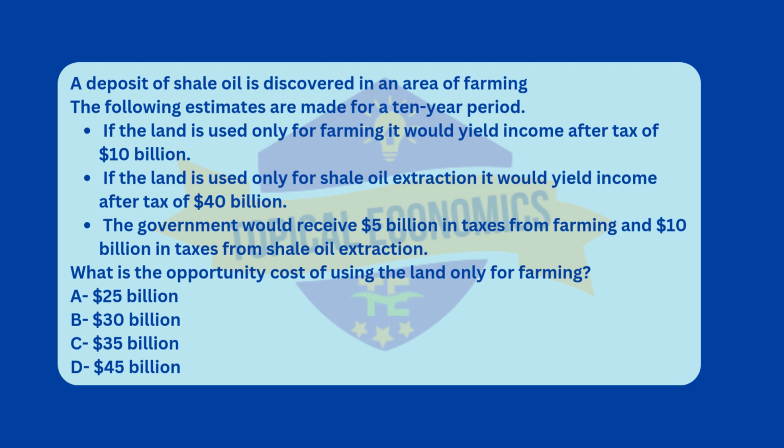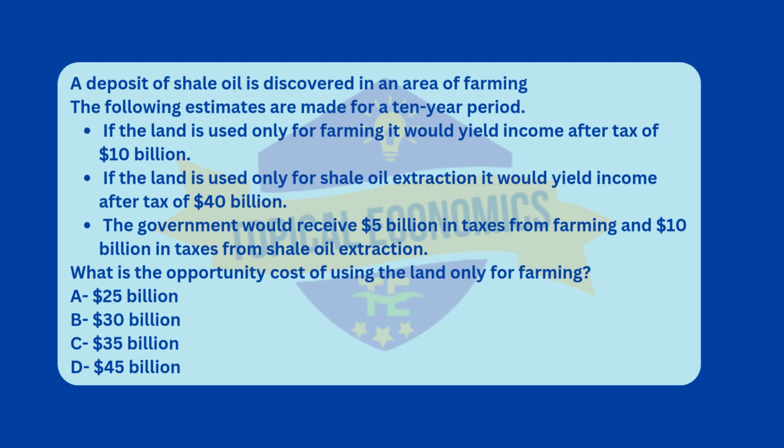The opportunity cost of using the land only for farming is the value of the next best alternative, which in this case is shale oil extraction. Income foregone from shale oil extraction, $40 billion (shale oil) minus $10 billion (farming), equals $30 billion. Taxes foregone, $10 billion (shale oil) minus $5 billion (farming), equals $5 billion.